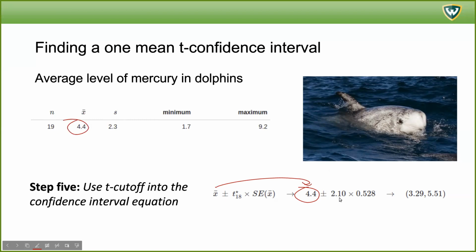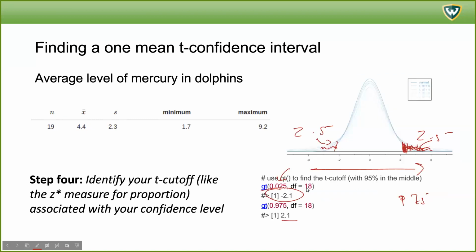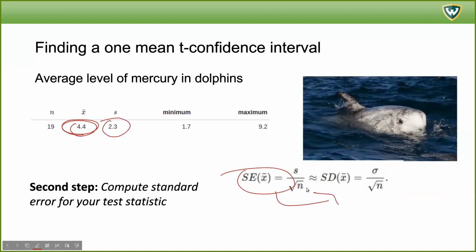And then plus or minus 2.10, which is the t cutoff point we just got, times our standard error that we calculated before. That was this calculation here that we didn't give the result for, 0.528. We could have calculated it: 2.3 divided by the square root of 4.4 gets 0.528.